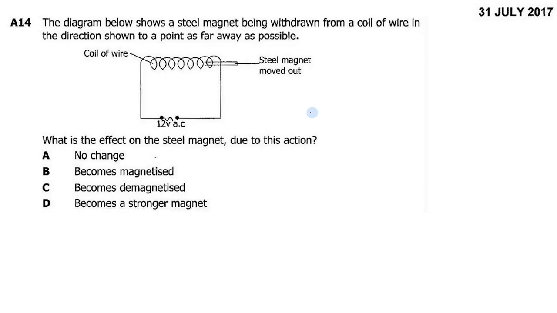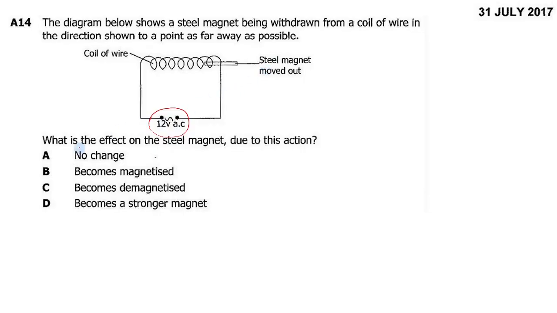So a steel magnet is being moved far away. When you check this one, that symbol there means it was an AC. So if this steel magnet is being removed from a solenoid which contained the AC, meaning it was being demagnetized. That's the thing.